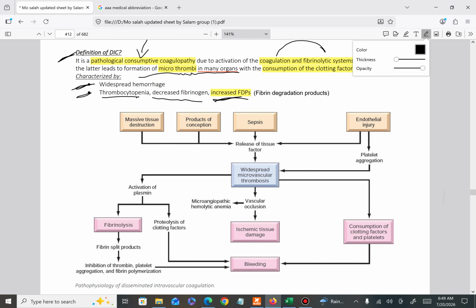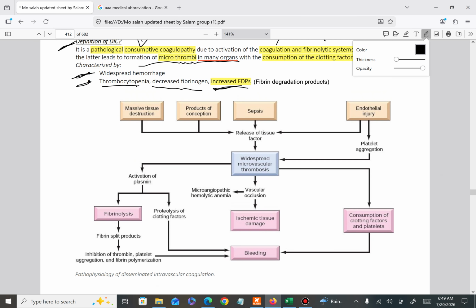So this flow chart is showing the pathogenesis of disseminated intravascular coagulation. The causative agents for DIC can be massive tissue destruction, products of conception, sepsis, or any cause which leads to endothelial injury.